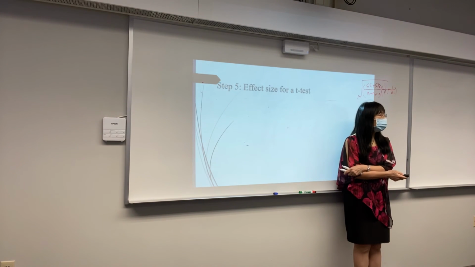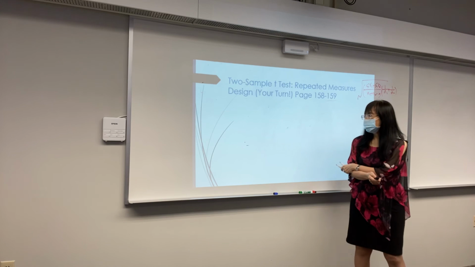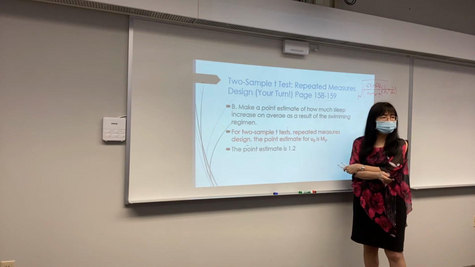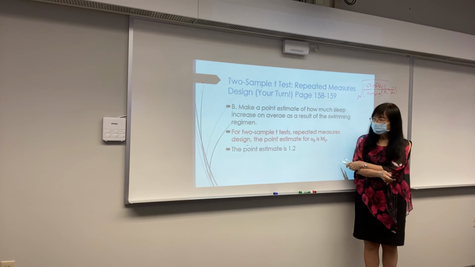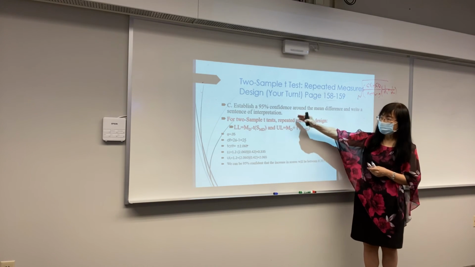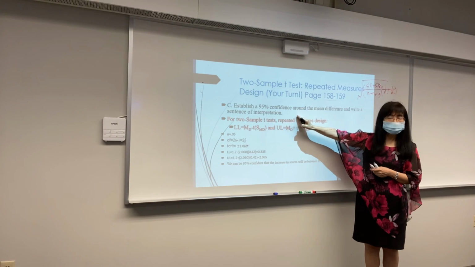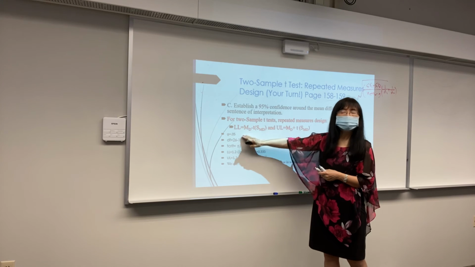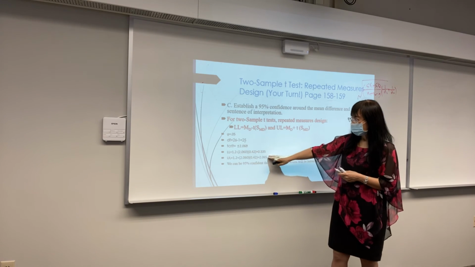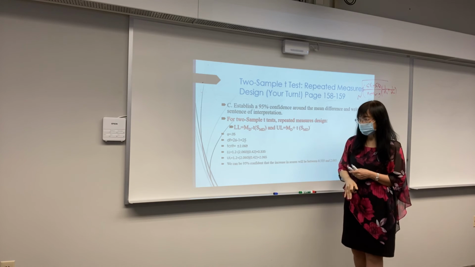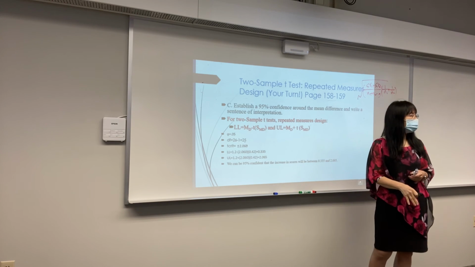They already give it to you. So 1.2. Then you have 95%. That uses our alpha level we already have, and T critical, and you subtract and add, and we say 95% confidence.